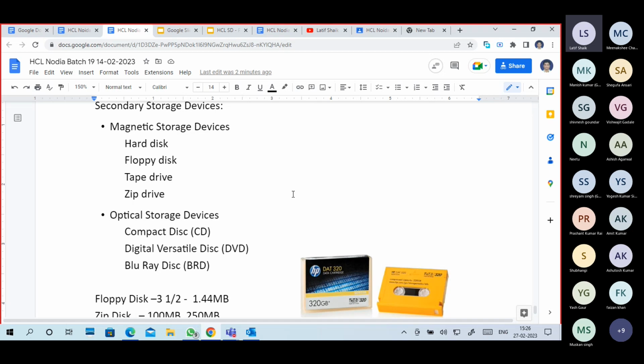Pen drives and external hard disks also come under secondary storage devices. Those which are hard disk type are secondary storage devices. You know why? Because primary memories or primary storage are RAM and ROM.